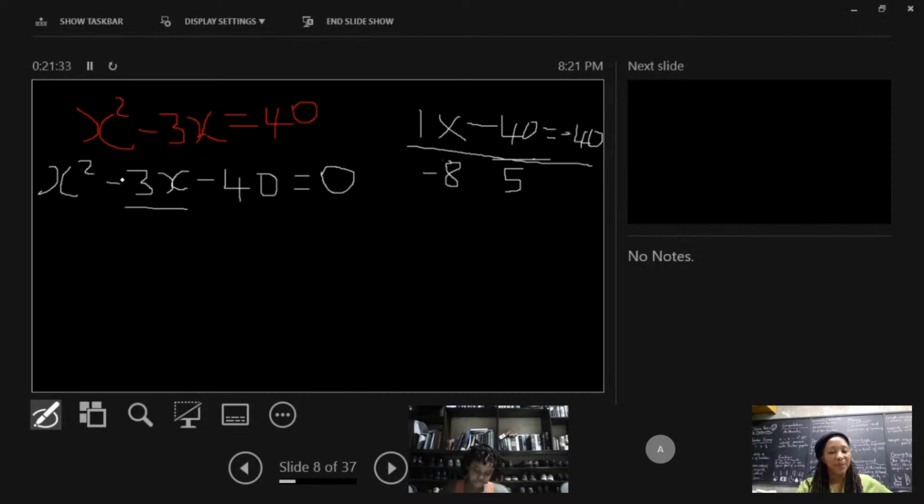So we're going to replace the -3x with -8x and +5x. We write back the x squared, and we have -8x plus 5x. I could have put the 5x first and then the -8x, which would probably even be more convenient since we would be putting the -40 closer to the -8.